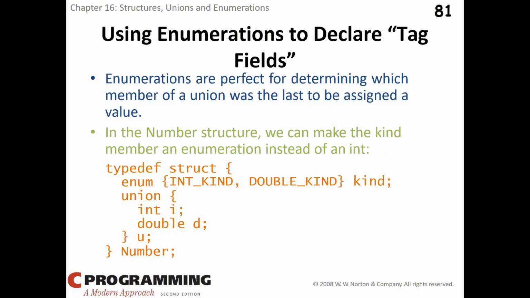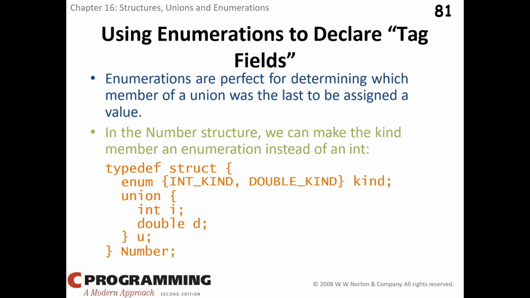Enumerations are particularly useful for tracking which member of a union was most recently assigned a value. Consider the number structure that we have here in our slide. Instead of representing the kind member with an integer, we can define it as an enumeration.